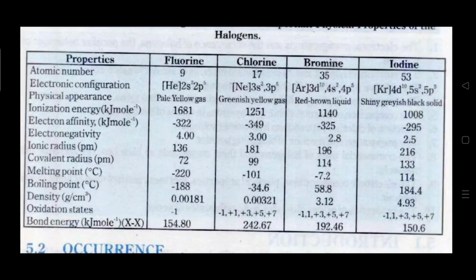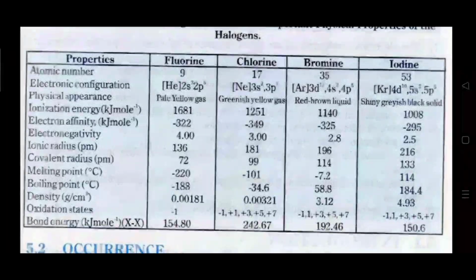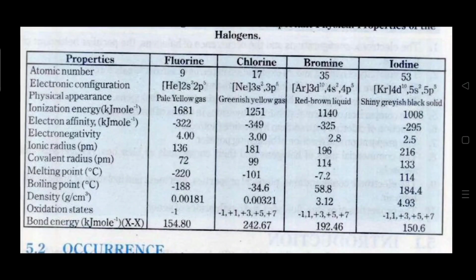If we look at the values of ionization energy of group 7 elements, we will come to know that when we move from fluorine to iodine, the ionization energy decreases down the group. If we talk about the electronegativity of group 7 elements, fluorine is the most electronegative element of the periodic table, having the electronegativity value of 4.